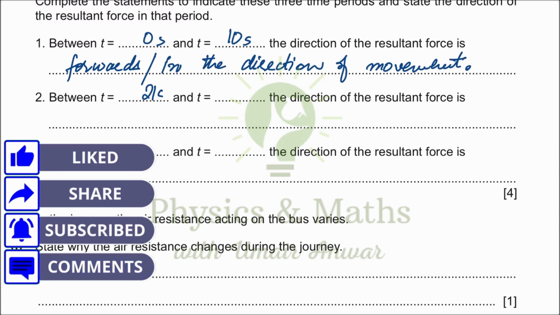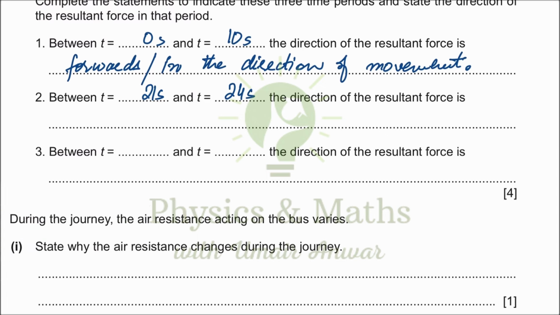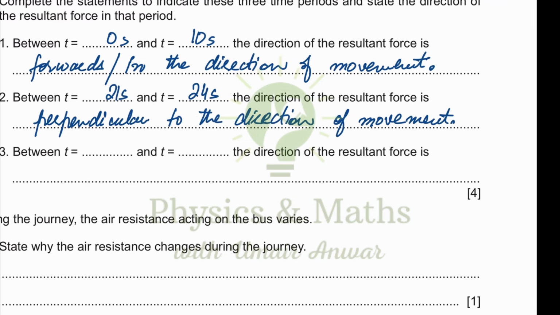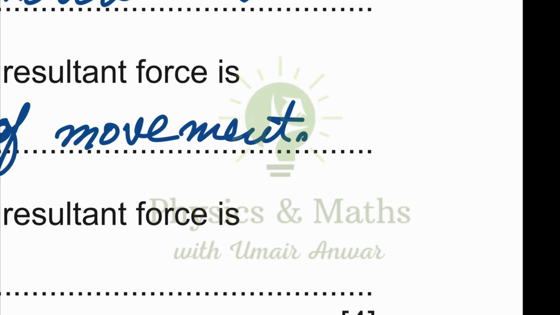Between t is equal to 21 seconds and t is equal to 24 seconds, the direction of the force is perpendicular to the direction of movement. The bus is moving with a constant speed, but the direction of movement is changing.